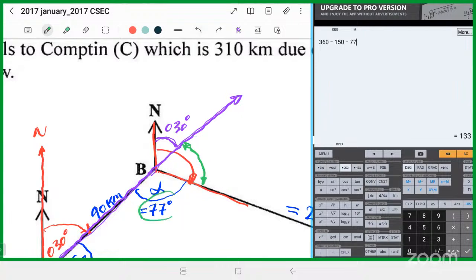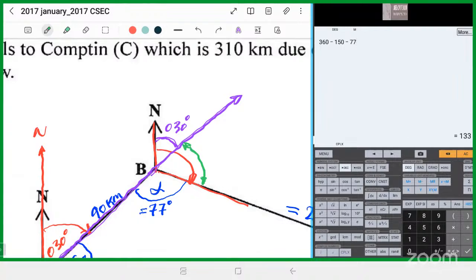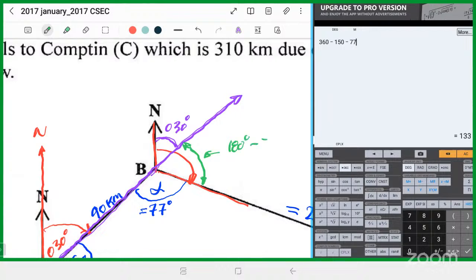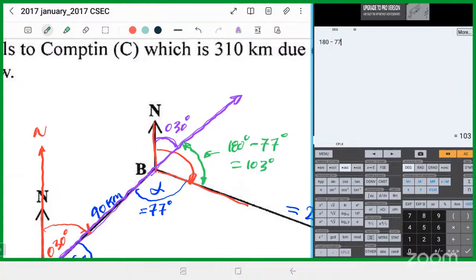The part down here is 77. The total angle of a straight line is 180, so this part becomes 180 minus 77, which is 103.